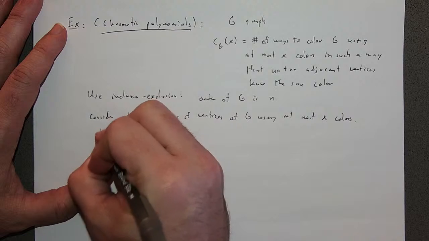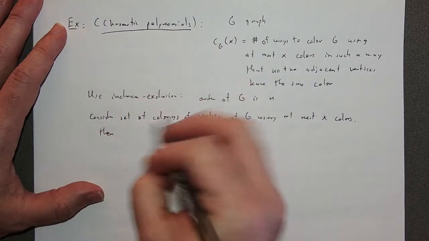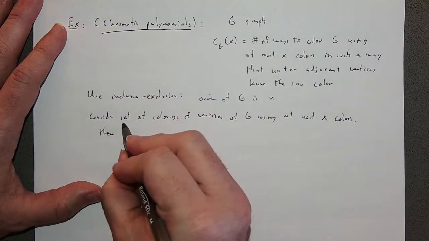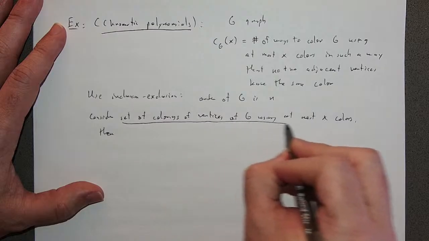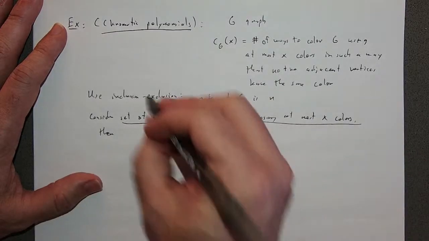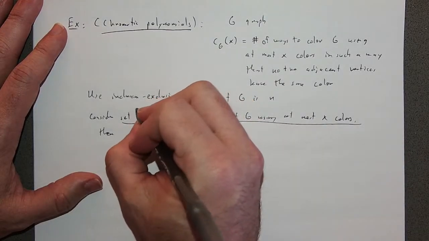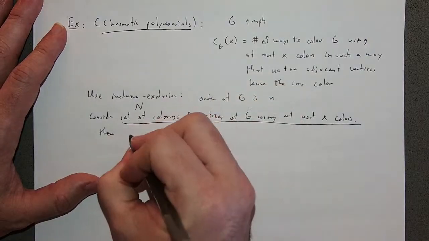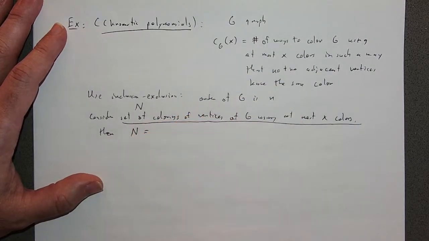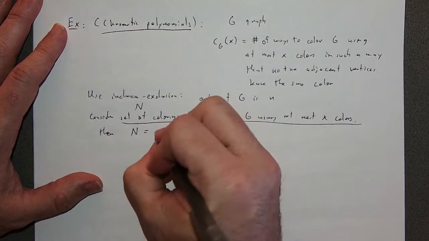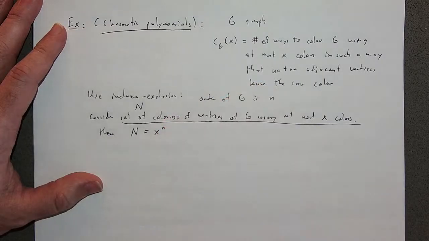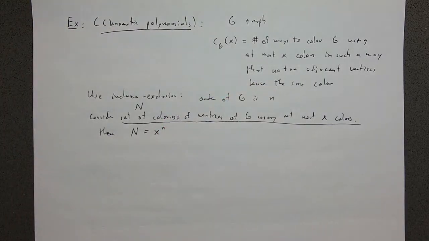In this case, if this is my set of big N objects, then big N is exactly x to the little n. All right.